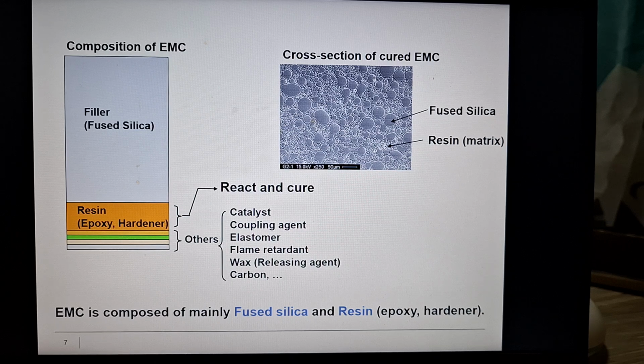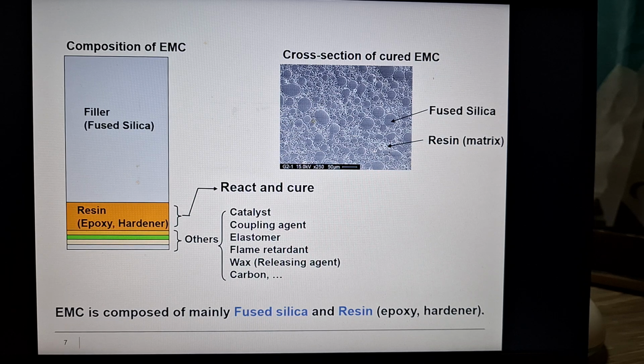So mining stone, sand, and then processing it to make these spherical shapes over here on the right side. After processing, this simple earth material is used for certain applications. This is what we call silica, or in the technical term, filler.